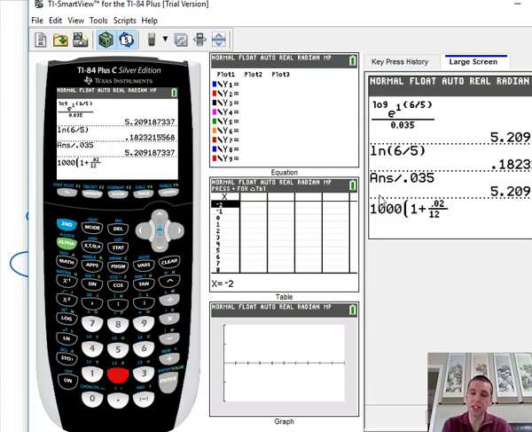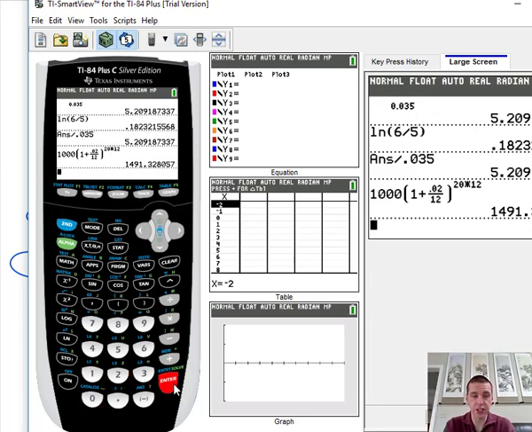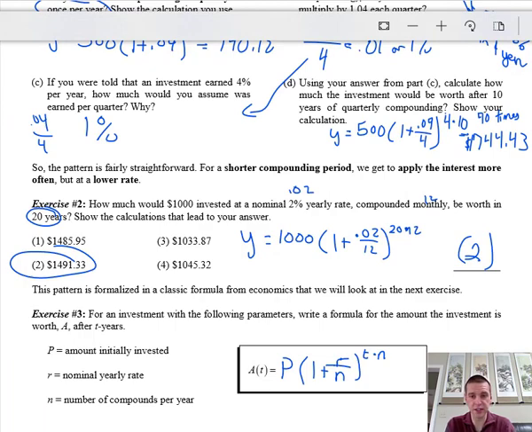Notice that the 1 plus is on the outside of that fraction. And the parenthesis raised to the number of years 20 times the number of times compounded 12. And you'll see that we got the correct answer. Notice that the 8 rounds the 2 up to the 3 because we are in cents.